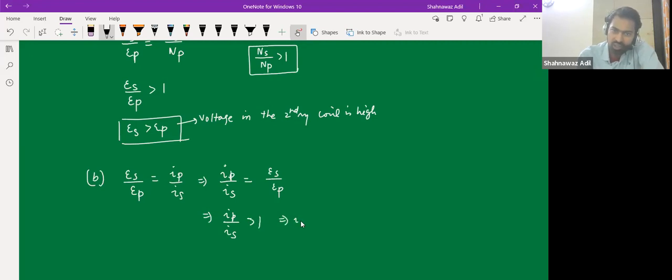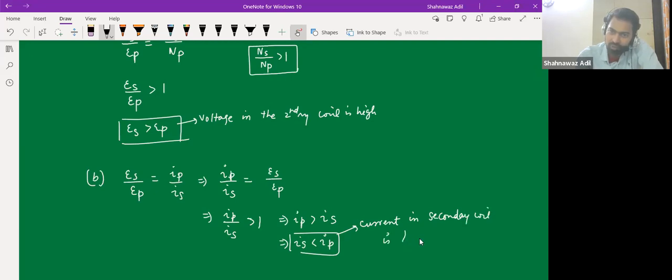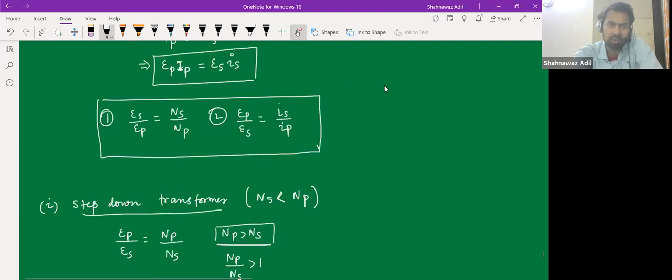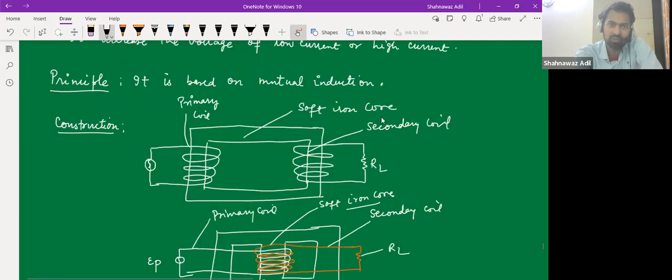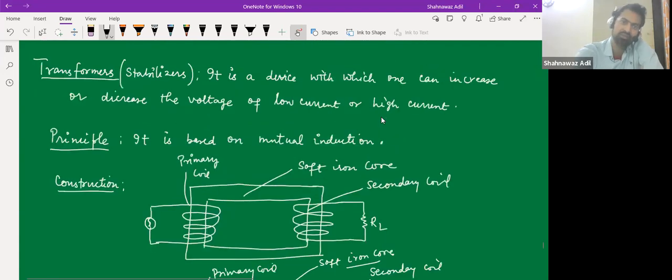So IP is greater than IS, which means that IS is less than IP. So current in the secondary coil is low. Any doubt up to this point, guys? Please note it down.